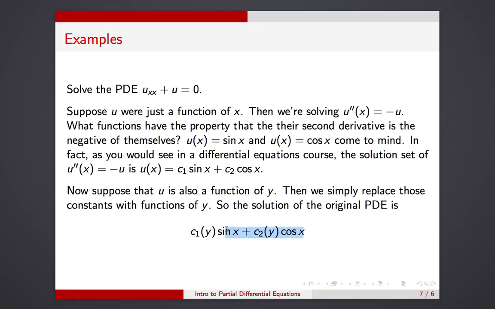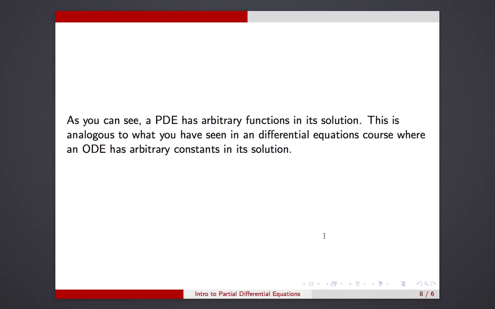Okay, so here's the solution of this. In this case, there's no technique really. We just kind of thought about it. We first thought about what this would mean for a single variable function, and then we ratcheted that up to now including functions of y.